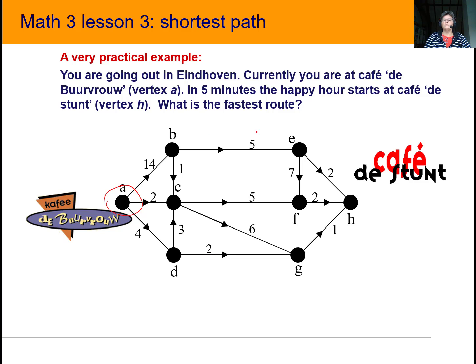And you have several routes to get there, but these routes take time. So what we'd like to find is the fastest route to get from de Buurvrouw to Café de Stunt. And for this problem, Dijkstra found an algorithm.